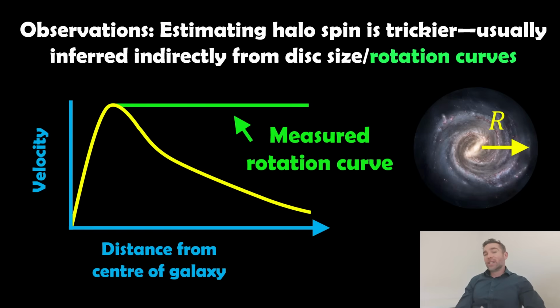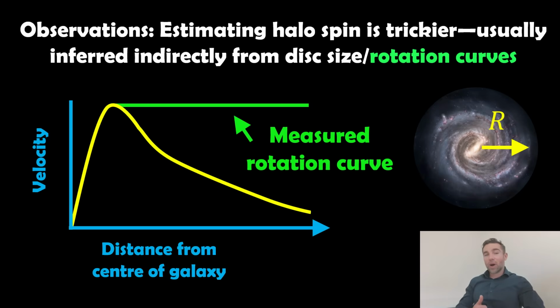Now, how do we determine the spin parameter? Well, from observations, estimating it's pretty tricky. But what we can do is infer it indirectly by looking at the galaxy. We can't see the dark matter halo, but if we look at the disk size and the rotation curve, we can infer things like the mass and other parameters of the dark matter halo as well. So if you're not familiar, I've got a rotation curve here of a spiral galaxy.